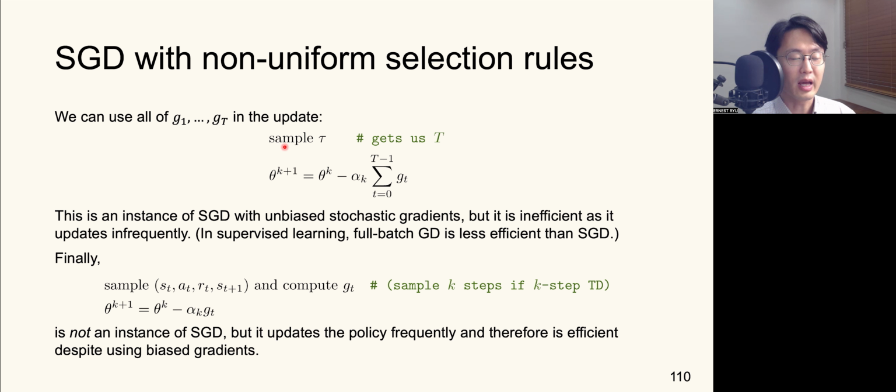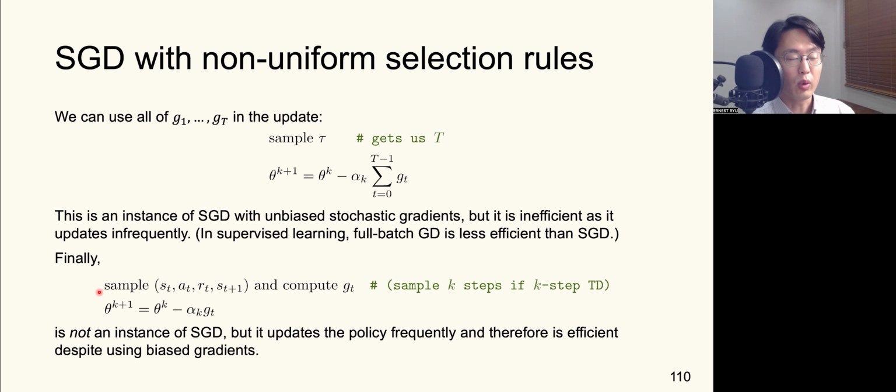We sample an entire full trajectory, and only once we complete the sampling of a full trajectory do we make an update on the parameter. That's too infrequent for these parameter updates. In supervised learning, this is analogous to full batch gradient descent, which is less efficient than SGD, which does not go through the full batch to perform a parameter update.